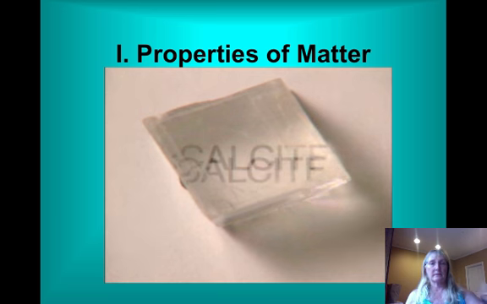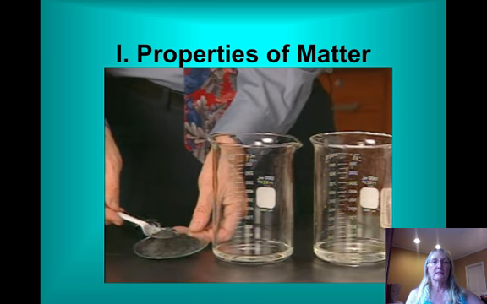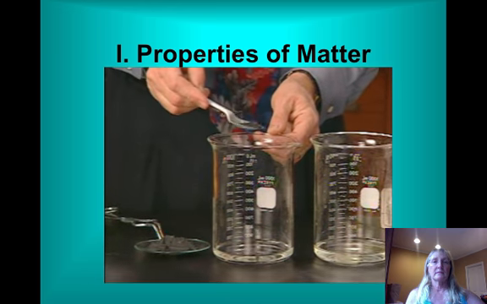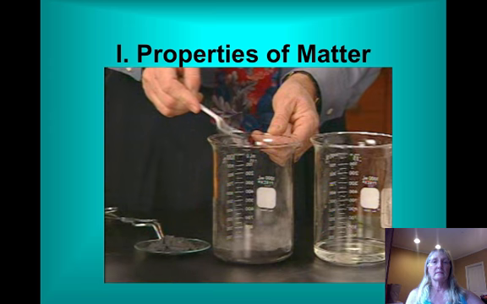The physical properties of matter can be observed without any change in the matter's chemical composition. Chemical properties, on the other hand, can be observed only when matter undergoes a chemical change.